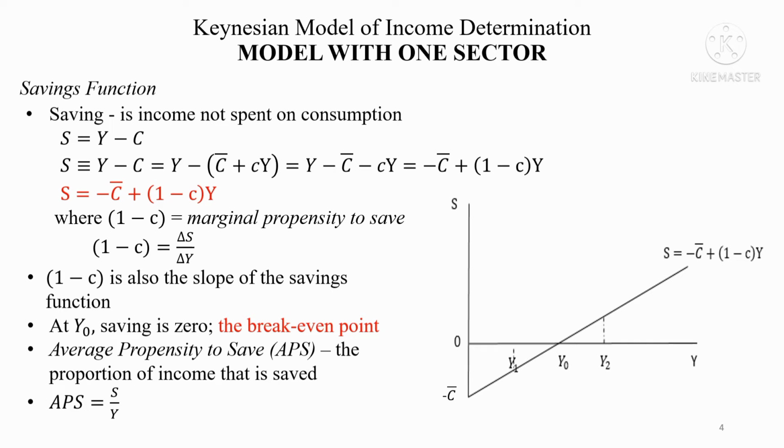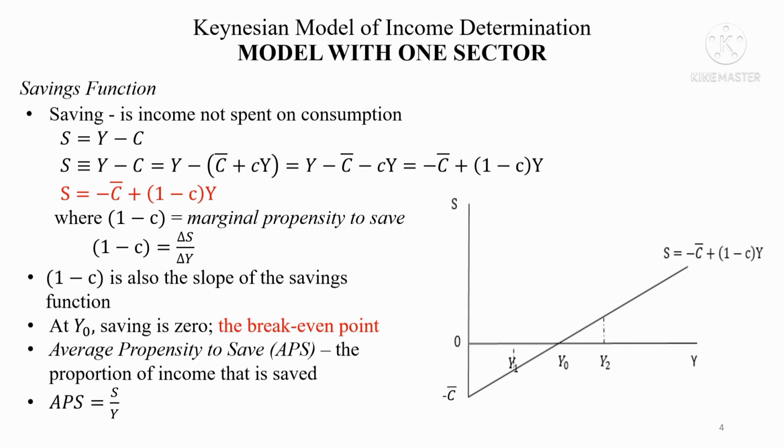Graphically, we can illustrate the saving function. Just like the consumption function, it is also upward sloping, which means that saving and income are positively related. As seen in the diagram, at Y sub 1, saving is negative, and at Y sub 2, saving is positive, and at Y sub 0, saving is 0, and it is called the break-even point.